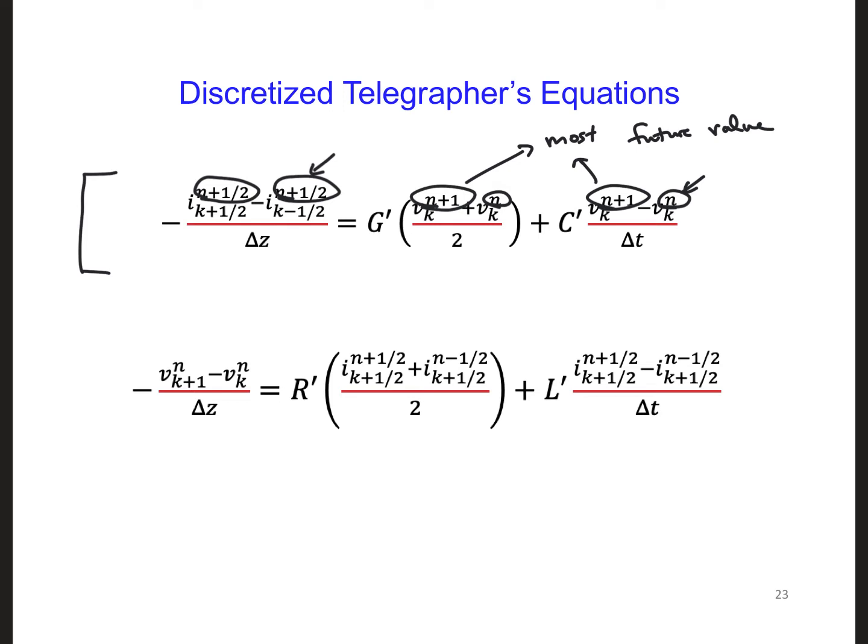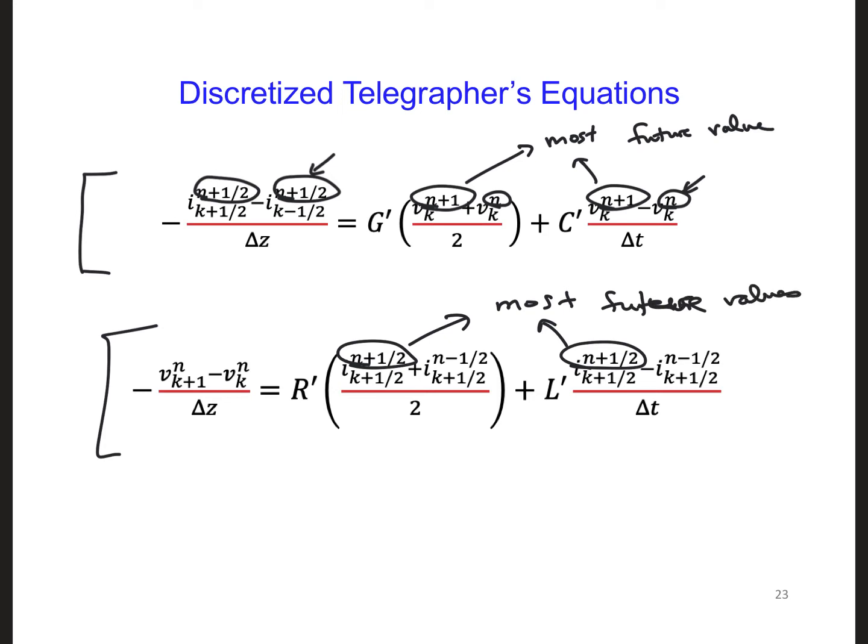And then what about for the second equation? In the second equation, we have n plus a half, n minus a half. So these two are the most future values.